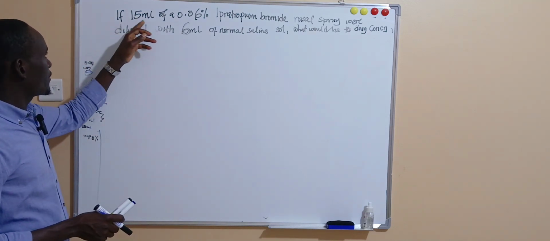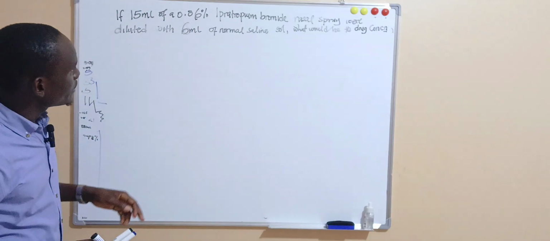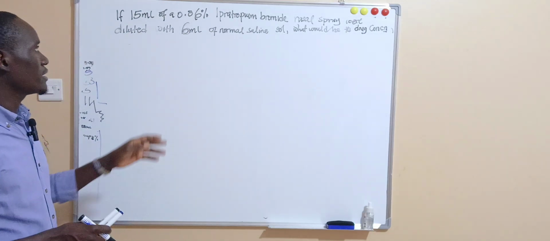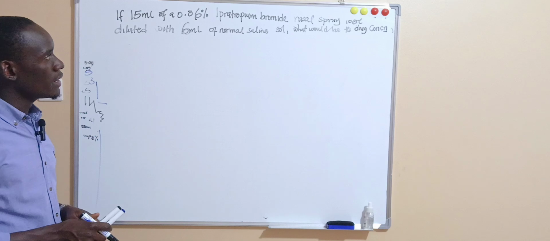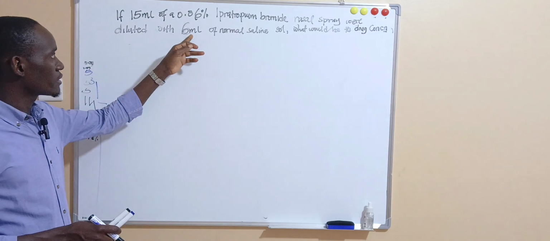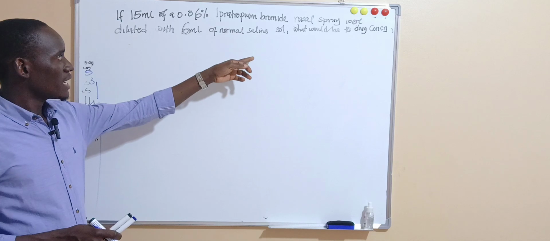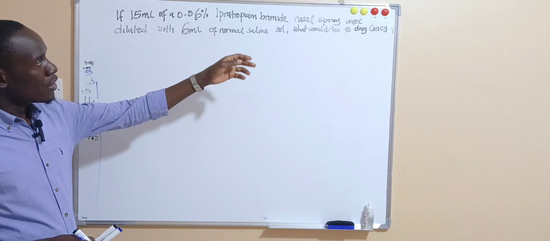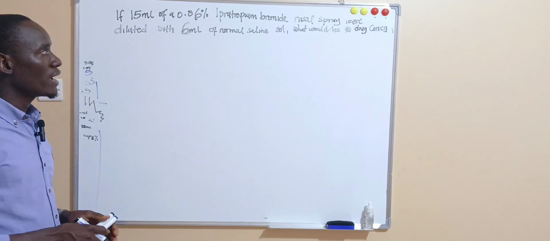If 15 mils of a 0.06% ipratropium bromide nasal spray were diluted with 6 mils of normal saline solution, what would be the drug concentration?